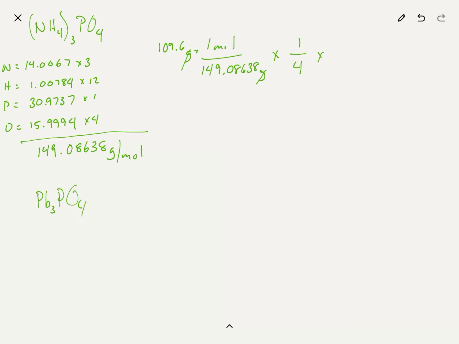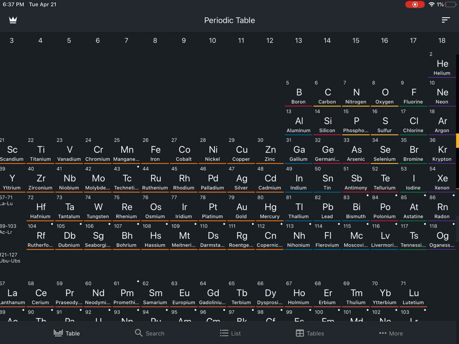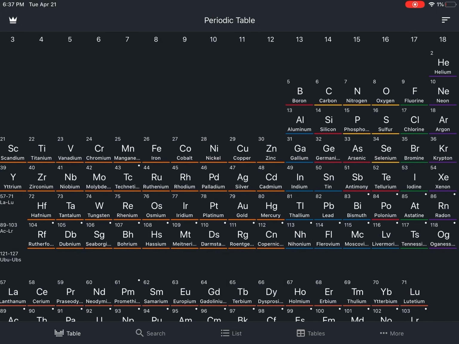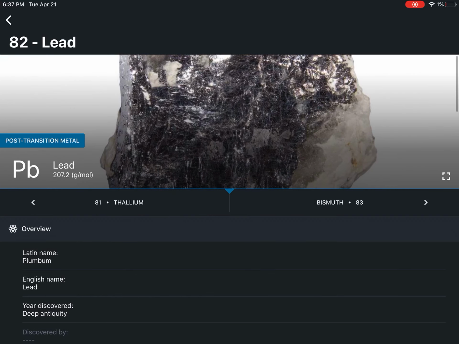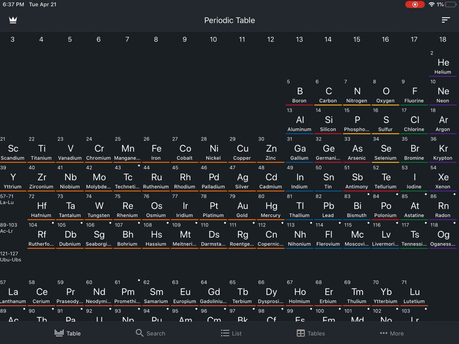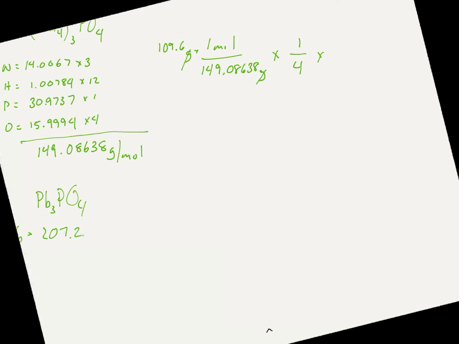So the only new element we need to look up is lead. Let's go to our periodic table, look up lead, and lead is right here. Lead has a molar mass of 207.2 grams per mole. And then we've already looked up phosphorus and oxygen, so we can just use the numbers we've already looked up.